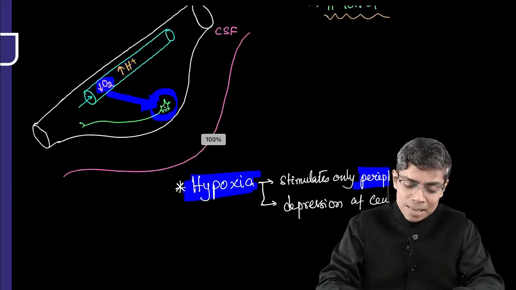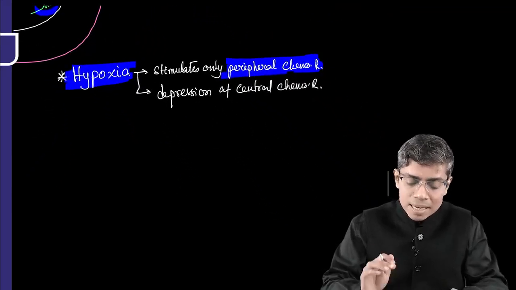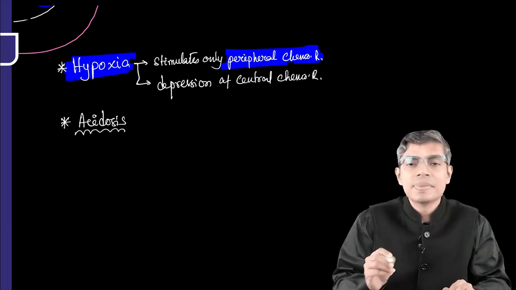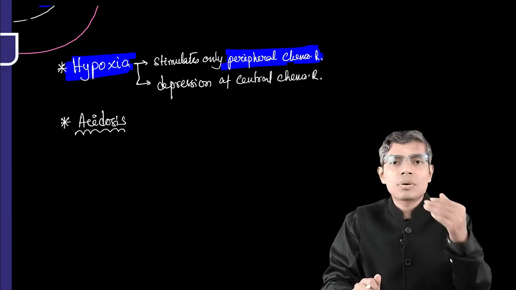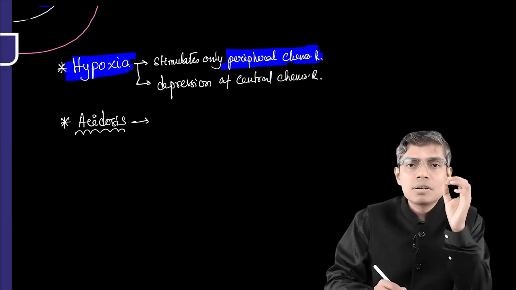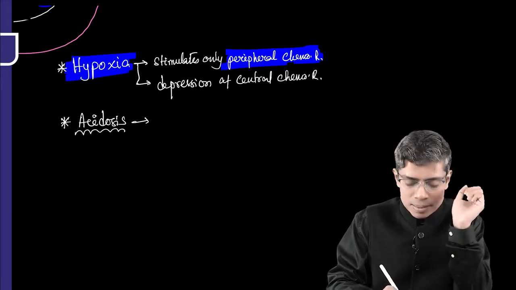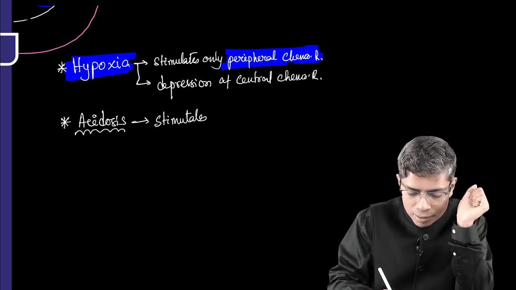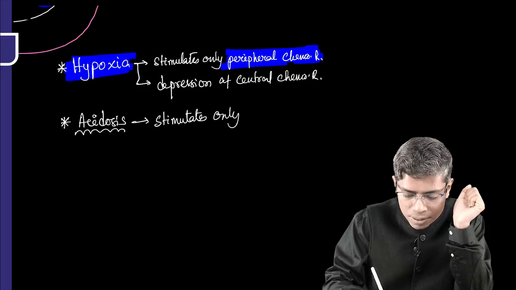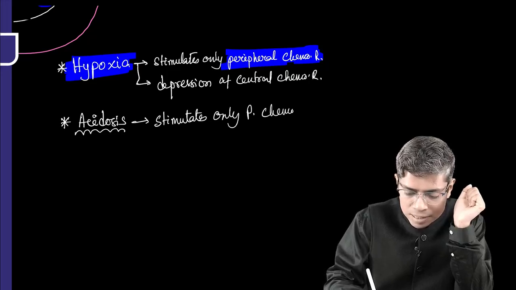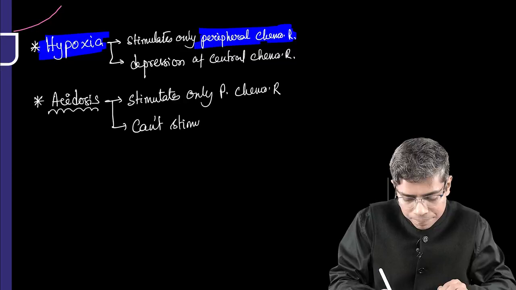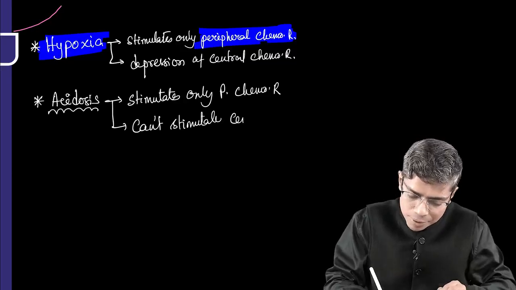This is the main concept that you have to remember: in case of acidosis, although the H plus ion is high inside your blood, it will not be able to cross the blood brain barrier. That's why it will not stimulate the central chemoreceptor. So acidosis stimulates only and only which chemoreceptor? The peripheral chemoreceptor, right? But acidosis cannot stimulate the central chemoreceptor.